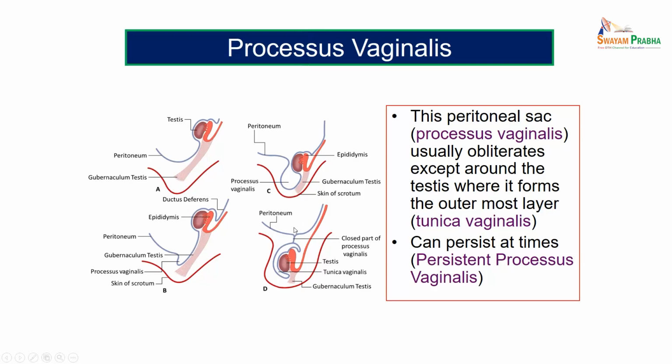Suppose this connection persists, there is going to be a preformed sac, so that abdominal contents are going to herniate into the scrotum. This can persist at times and is called persistent processus vaginalis, and this is the reason for the indirect inguinal hernia. We will understand this better in the further slides.